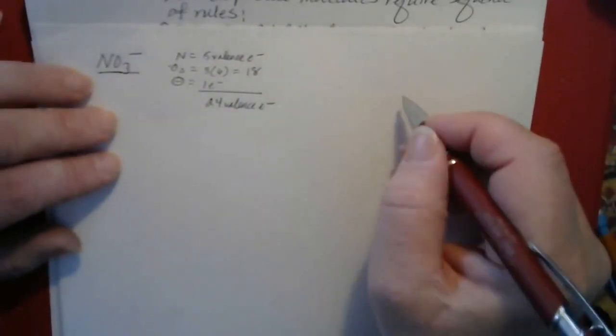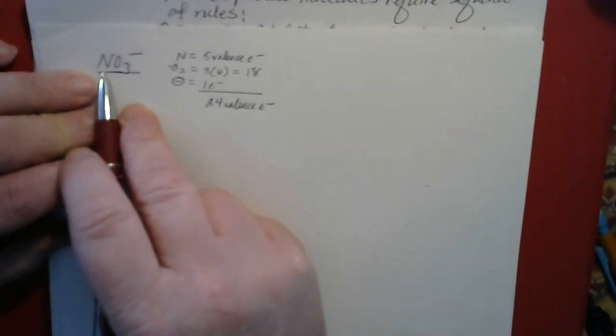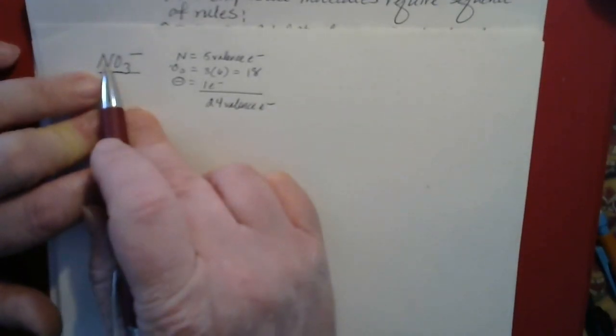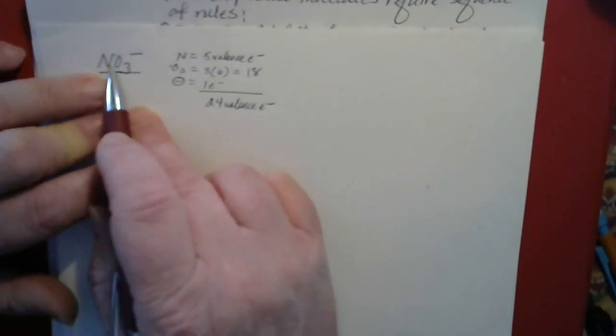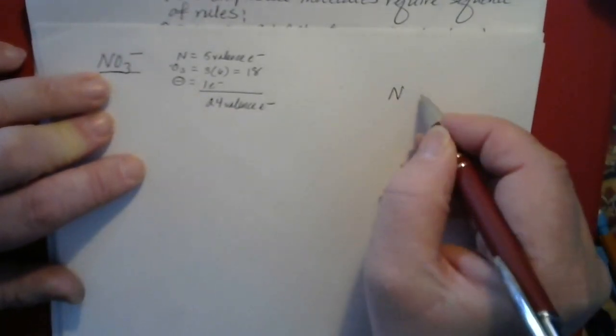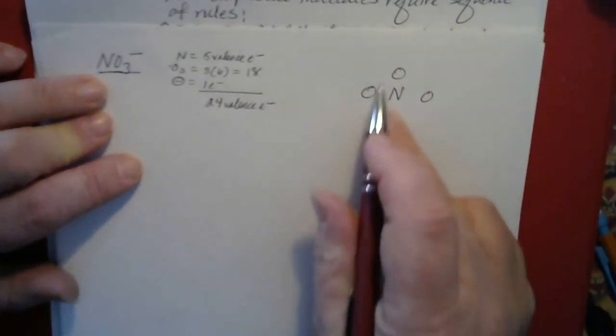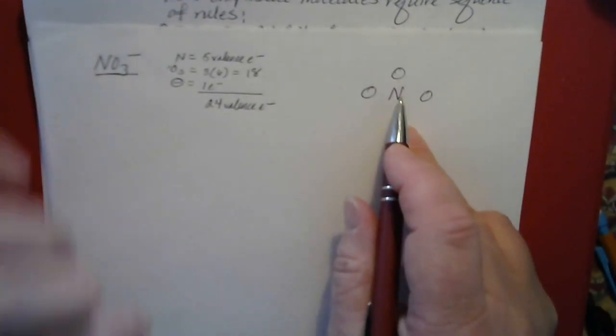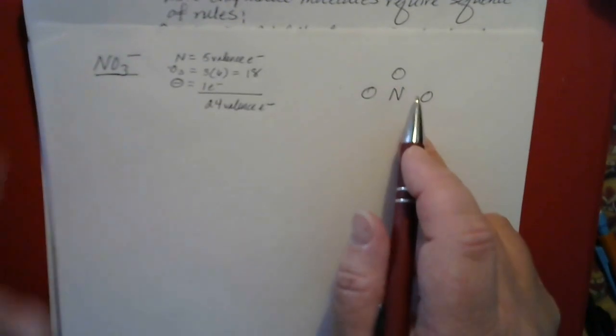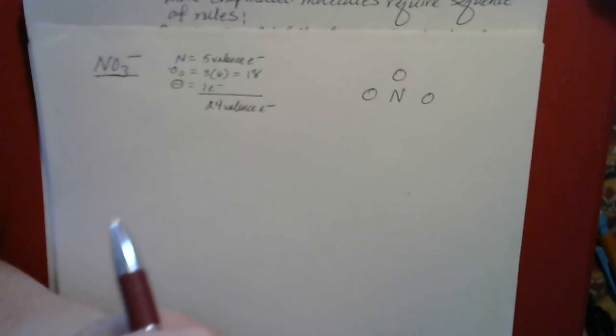We set up our skeletal structure. Here we've only got 1 nitrogen, so that means that that's probably in the center. Nitrogen is also less electronegative than oxygen, which is a good sign. So nitrogen's definitely in the middle, and the oxygens will be around the outside of it. It doesn't matter where you draw the oxygens because the Lewis structure isn't really about showing you what the molecule really looks like.